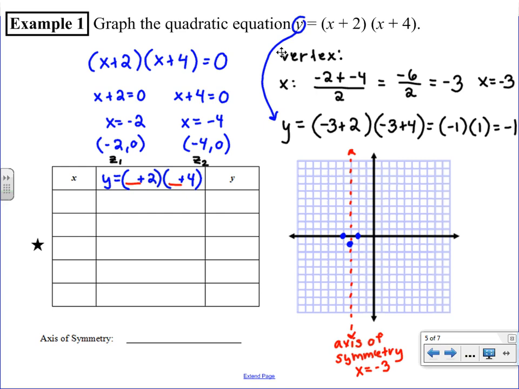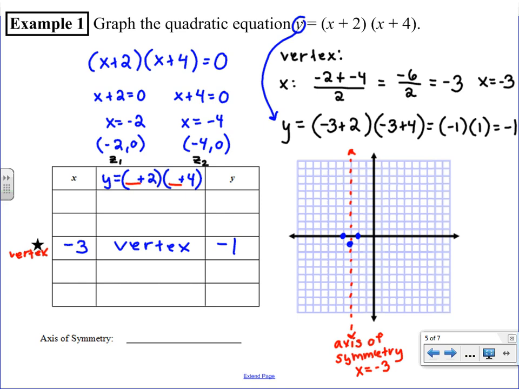But with a parabola, our most important point is the vertex, which is why there's a big star here. We are always going to put the vertex in the middle of our table because the vertex is kind of in the middle of our parabola. So I already know my vertex is negative 3, negative 1. And I'm not going to do any work. I'm just going to remind myself that that is the vertex.